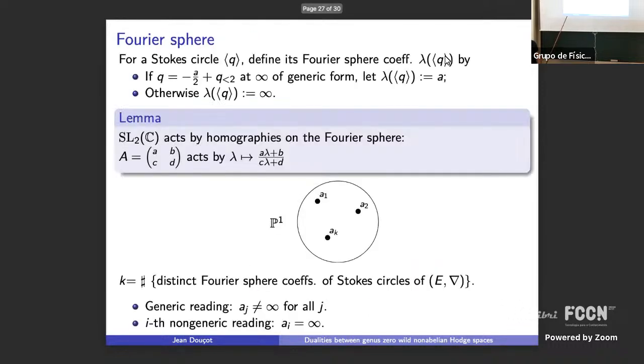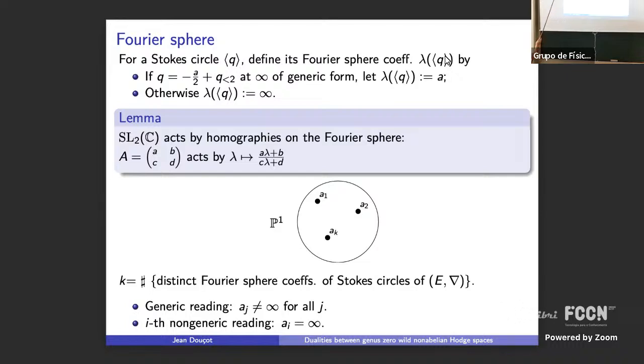And maybe just to conclude, if I still have 1 minute, the intuition behind this is that when I have a coefficient q of generic form, I can look at this coefficient a over 2 z squared here. I call this the Fourier sphere coefficient because SL2C acts in a very nice way on those coefficients. It just rotates them according to the corresponding homography.